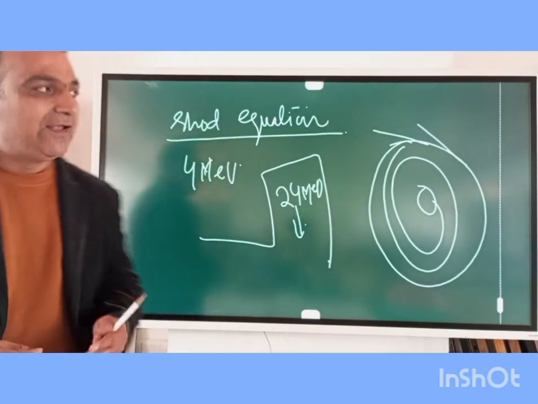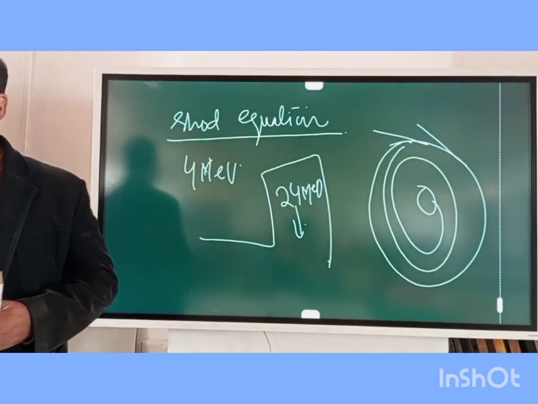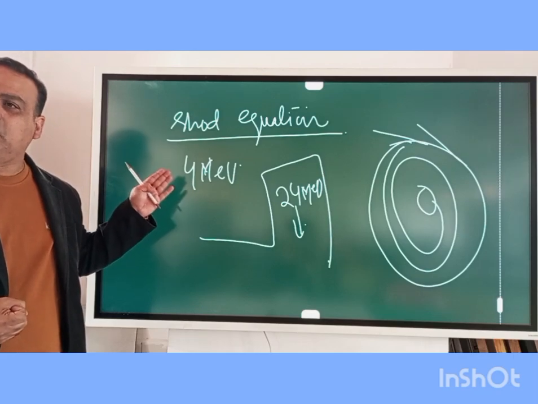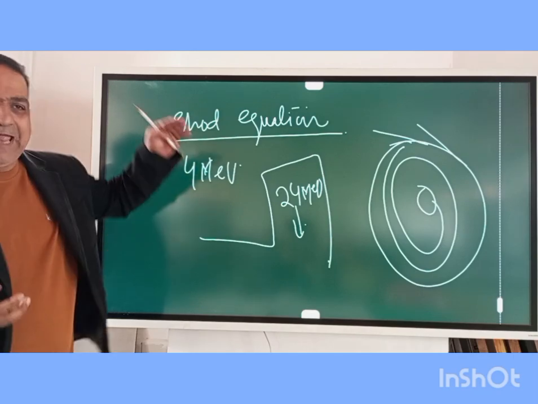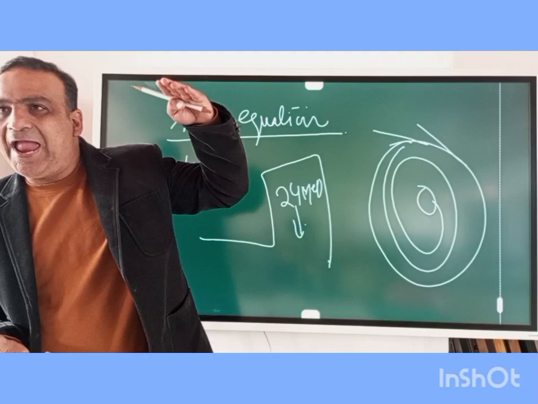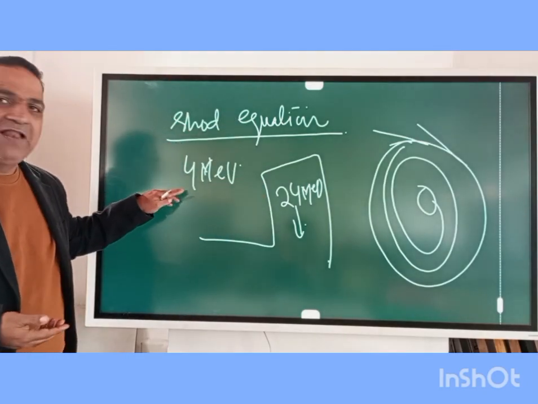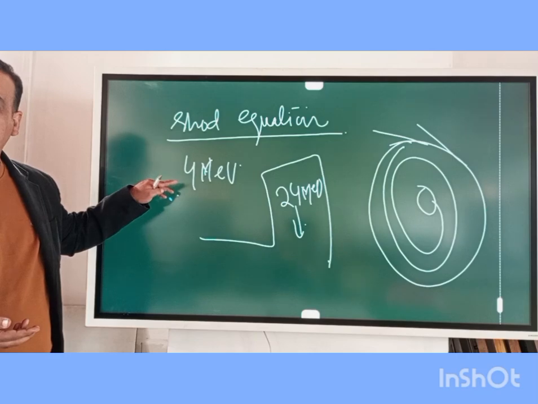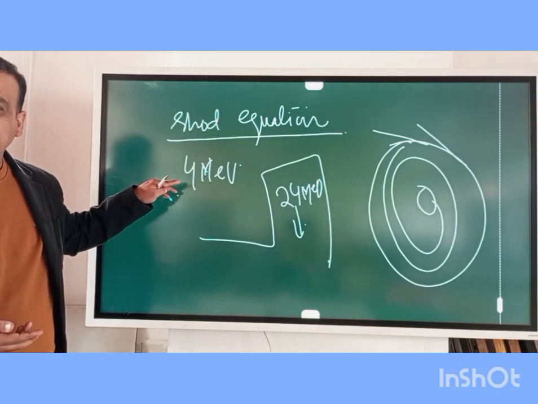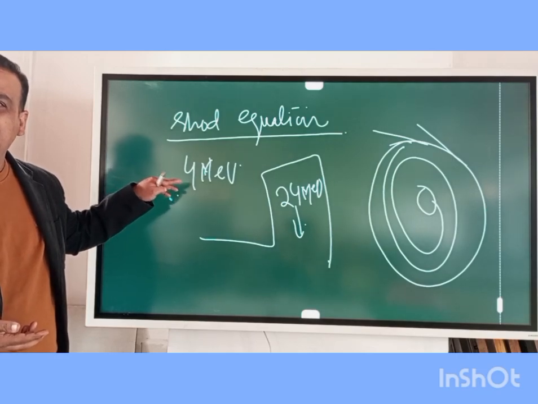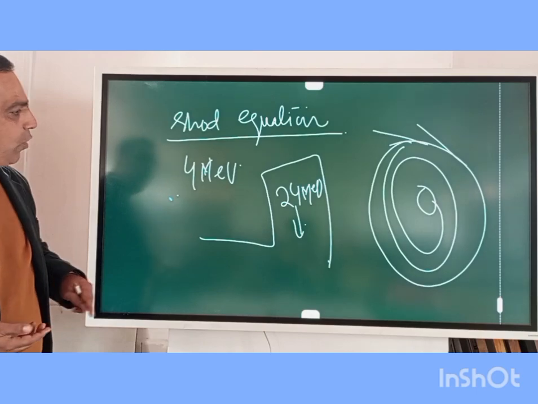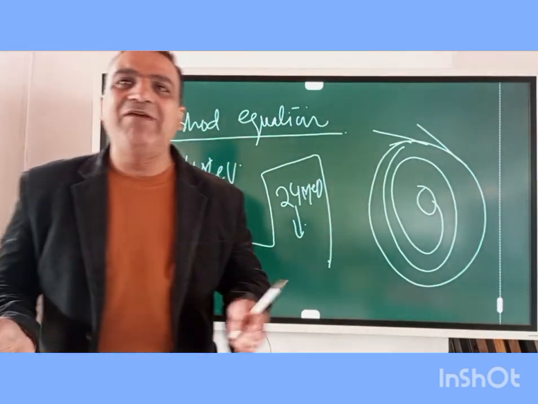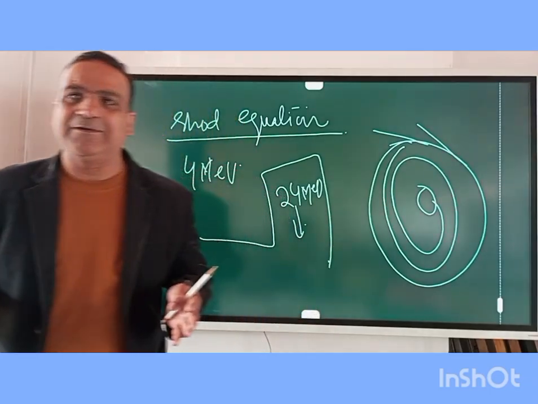So classical physics tells you that this particle should never pass this wall, because its energy is less than the energy of this potential. Classically, this alpha particle should never cross this barrier.